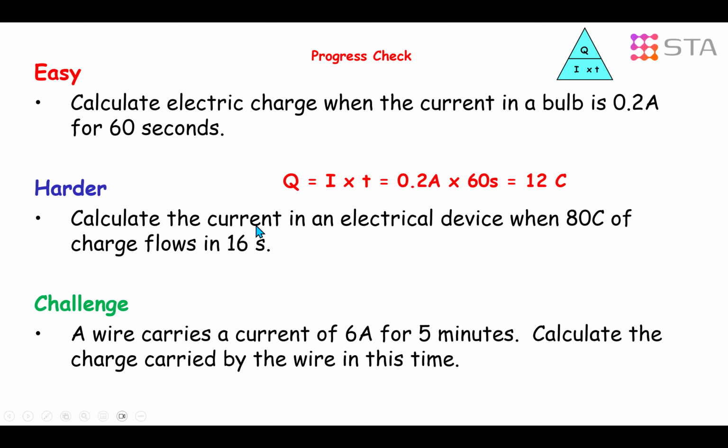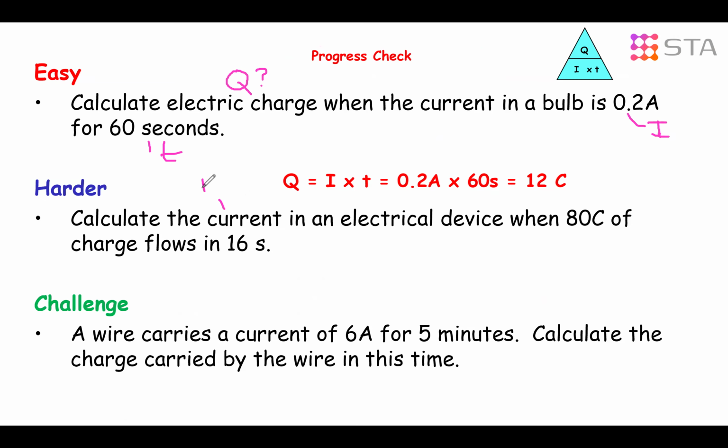Okay, now notice I didn't annotate the question, but I'm more than happy to do that. So you are working out Q, and it gives you the current, which is I, and it gives you the time, which of course is T, and is 60 seconds.